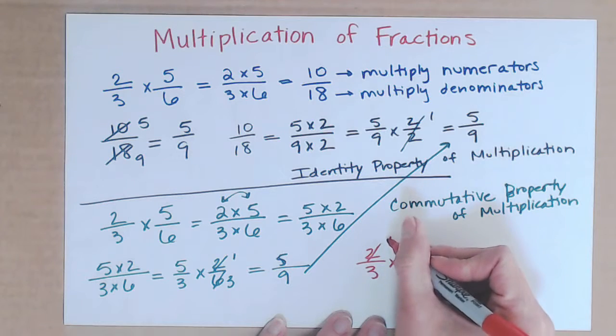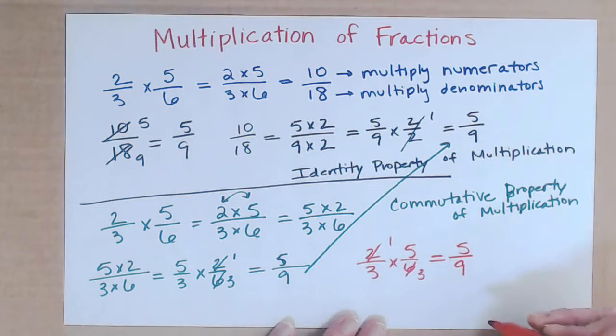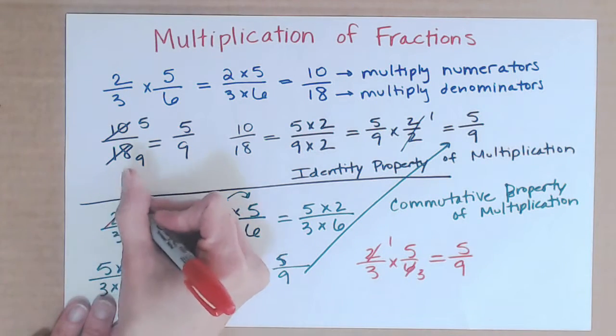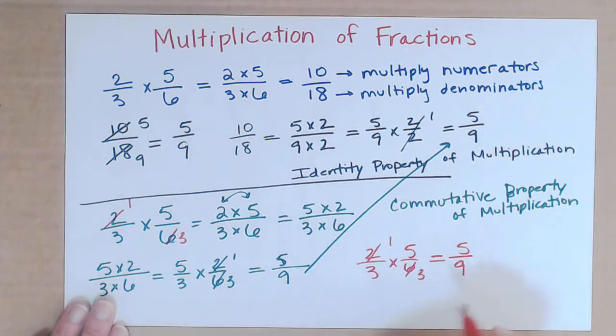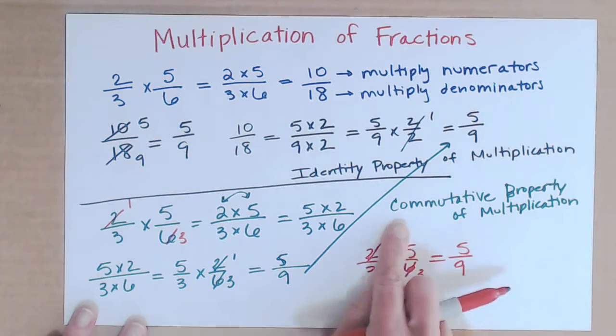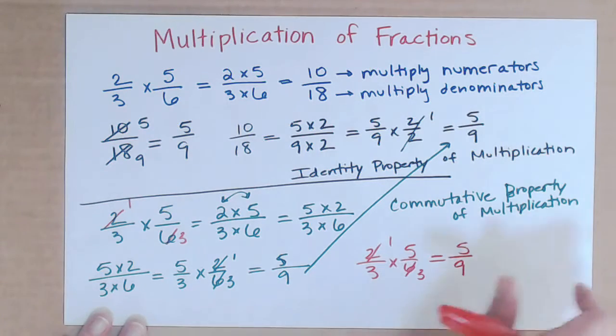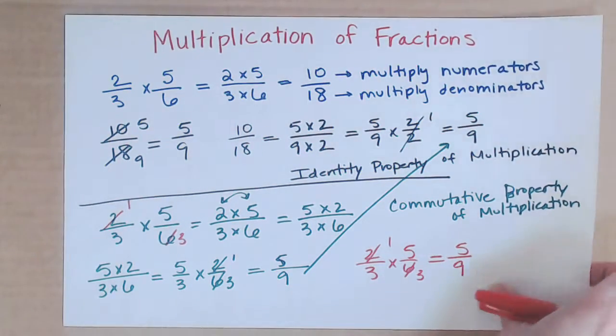So now in my head I can just do 1 times 5 is 5, 3 times 3 is 9, 5/9. So what I did here is I just simplified before I multiplied. And you can do that because of the commutative property of multiplication. Okay, so now we're going to use that to do a few sample questions that you might see on the sprint.